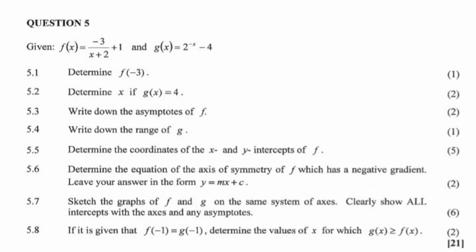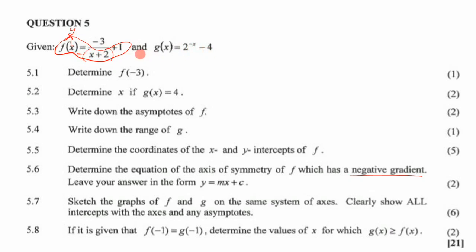Then 5.6 says determine the equation of the axis of symmetry of f which has a negative gradient. Now you will remember that I said that if you are calculating the axis of symmetry with the negative gradient, you just simply take this like this. So obviously your f of x will be, you will now put y here. And then since they're saying negative gradient, you just have to put this inside the bracket and put your negative here, then start calculating.